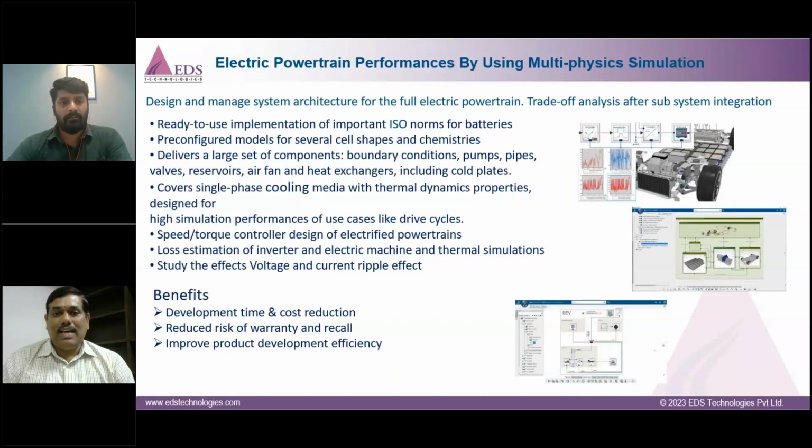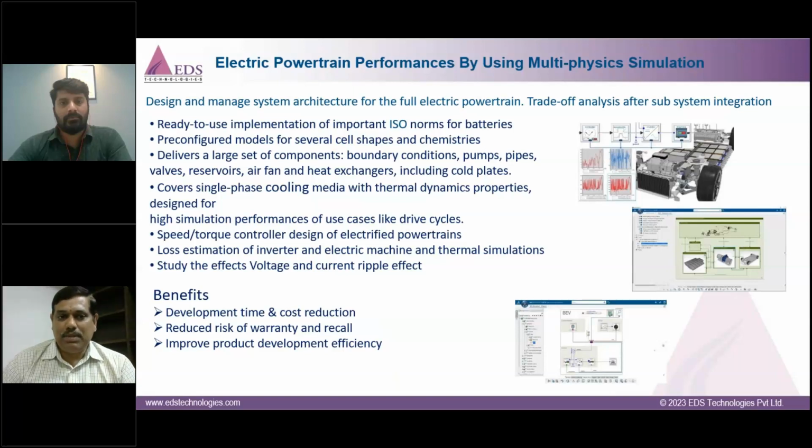We combine all the aspects to see the complete performance of the electric powertrain, the complete multidisciplinary dynamic behavior that we can really assess, take all the parameters into consideration, and also do trade-off analysis studies.